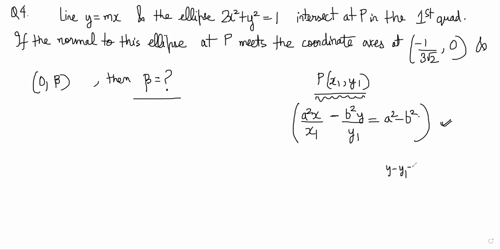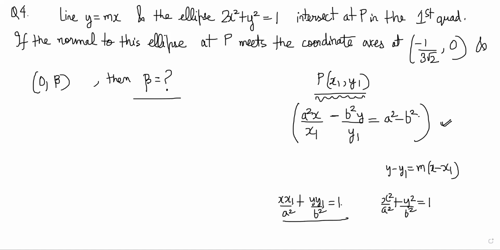Suppose the ellipse is x square by a square plus y square by b square. Tangent equation is x x1 by a square plus y y1 by b square is equal to 1. So the slope of the tangent is minus x1 by a square over y1 by b square.